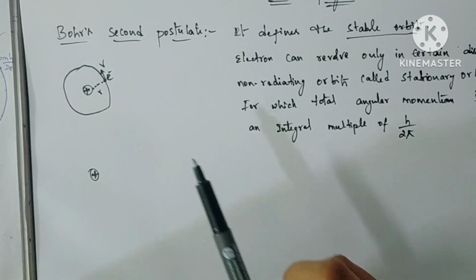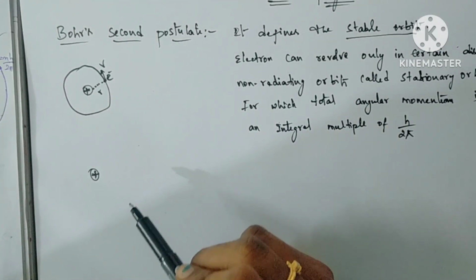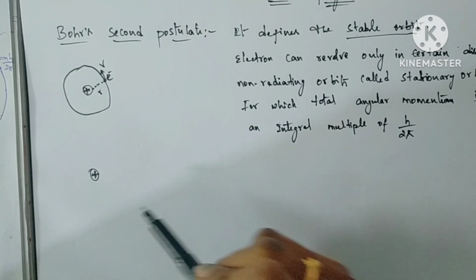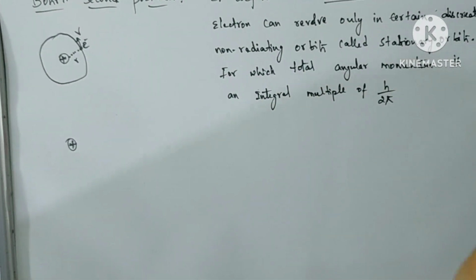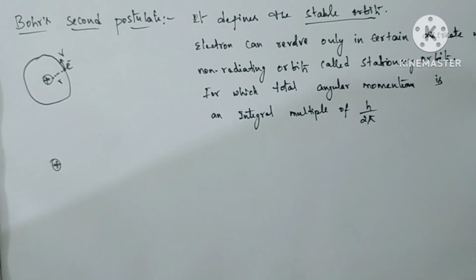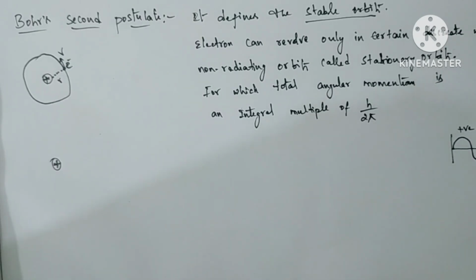Before going to this point, we must know what is wavelength and how we can calculate it. This is the point that I am taking, one crest and one trough. We can say this is a positive half circle and this is a negative half circle.